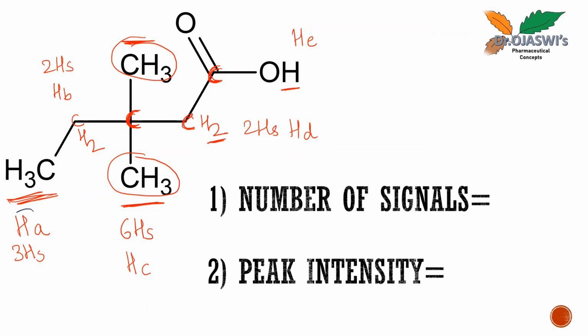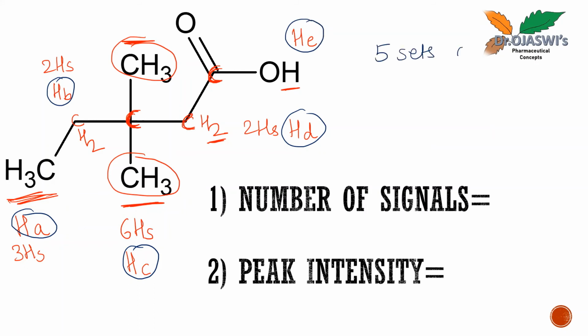This is one set, second set, third set, fourth set and fifth set. So 5 sets of equivalent protons are there, and thus we will get 5 signals, or 5 peaks, in the NMR spectrum of this particular structure.